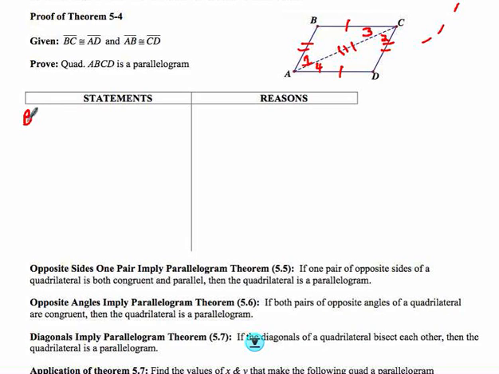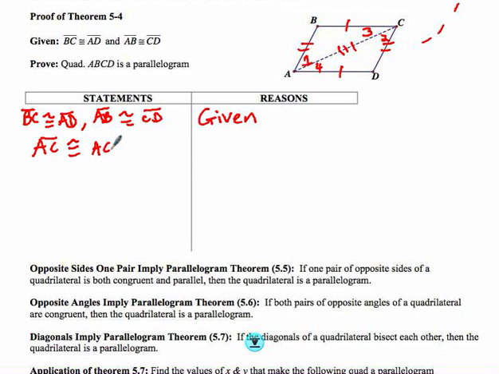We begin with BC congruent to AD and AB congruent to CD, and that information was given. We have segment AC congruent to segment AC, and that is because of the reflexive property.